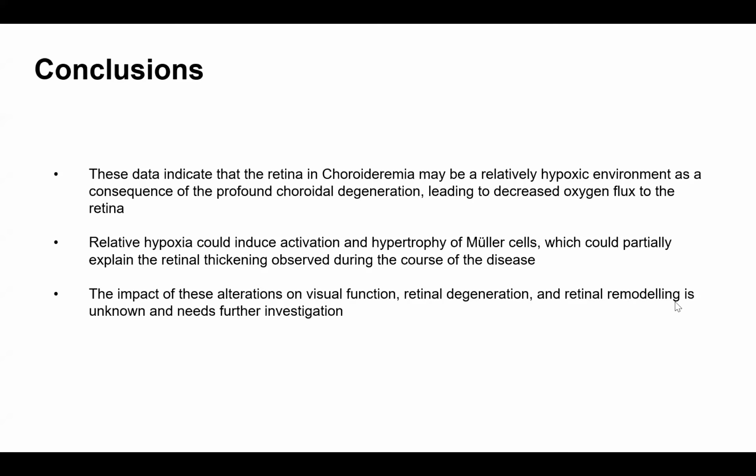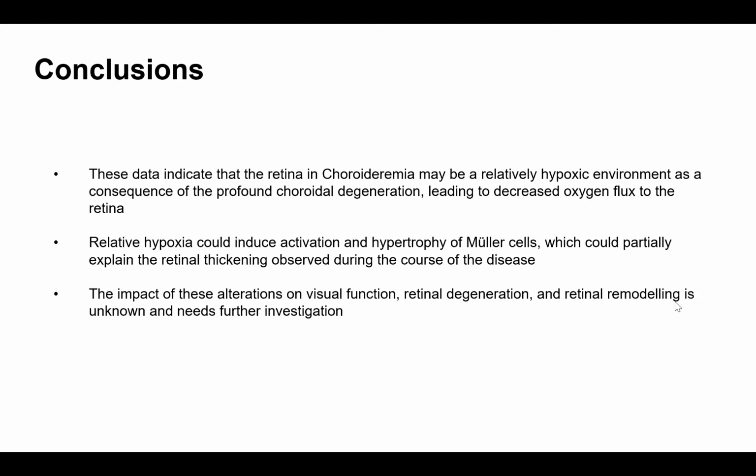In general, the data indicate that the retina in choroideremia may be a relatively hypoxic environment with less oxygen. We believe that this could be due to the profound choroidal degeneration, which can lead to a decrease in the oxygen flow from the choroid to the retina.